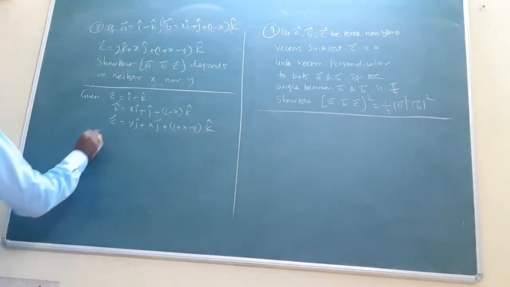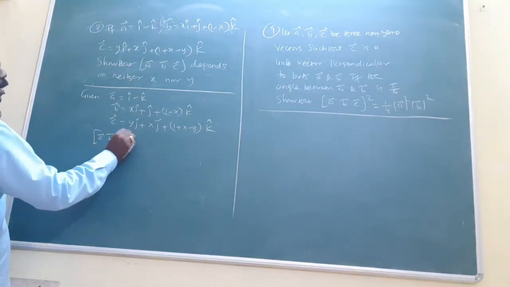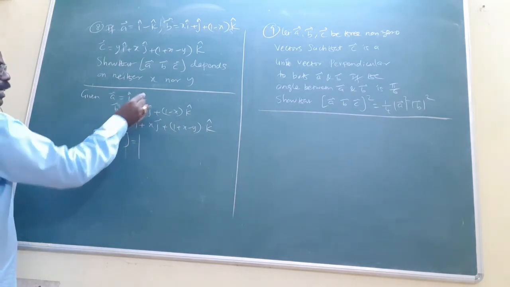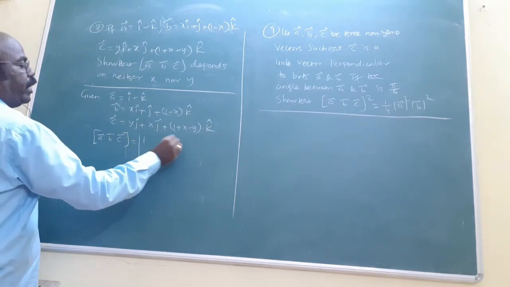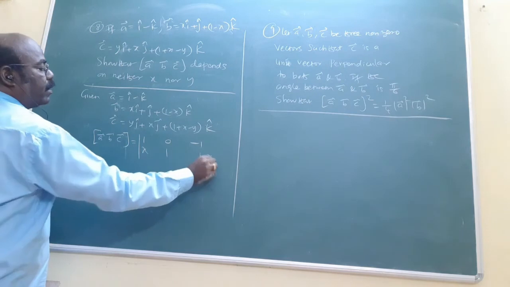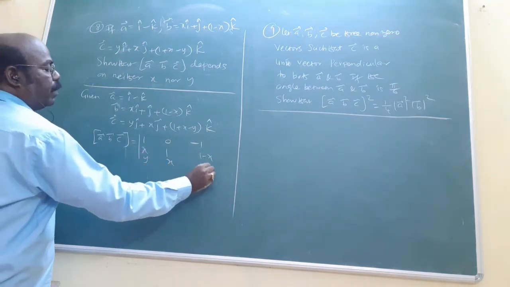Now find the box product of A, B, C. Am I right? The coefficients of I, J, K: 1, no J, minus 1. Then X, 1, 1 minus X. Last one is Y, X, 1 plus X minus Y.